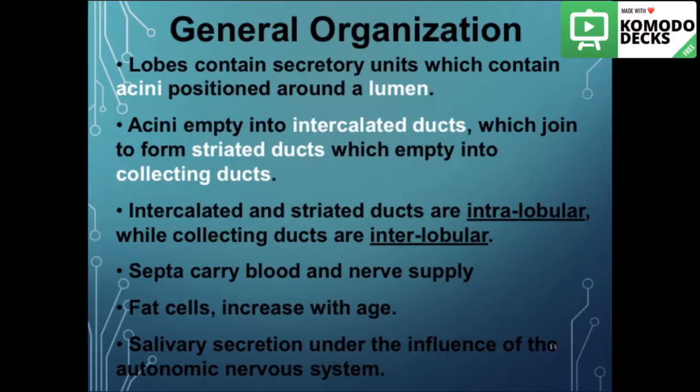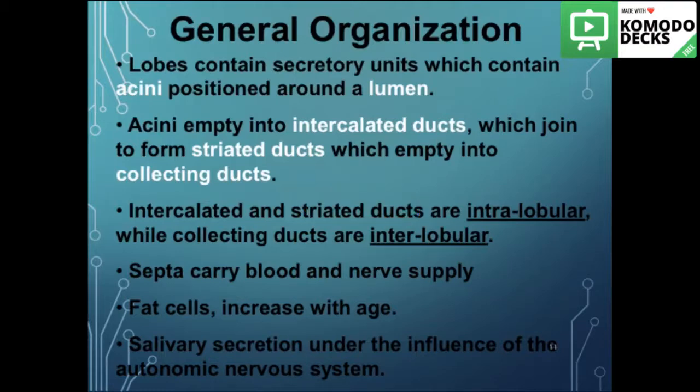These secretions are secreted in the acini, and they empty into three sized ducts, from the smallest intercalated to striated into the largest collecting ducts. Both the intercalated and the striated ducts are within the lobules, while the collecting ducts are found outside the lobules. Interlobular.